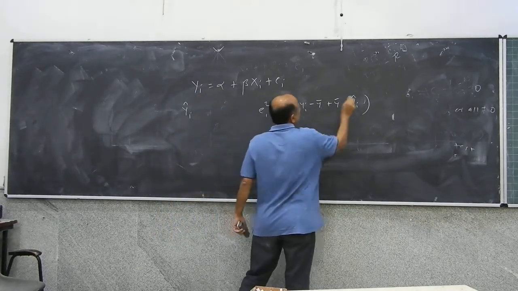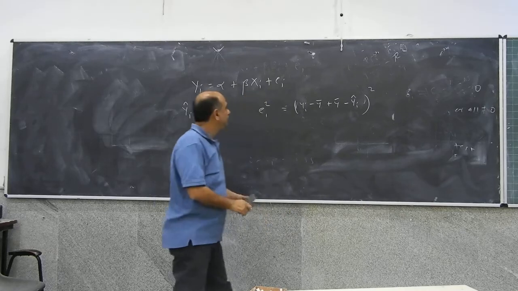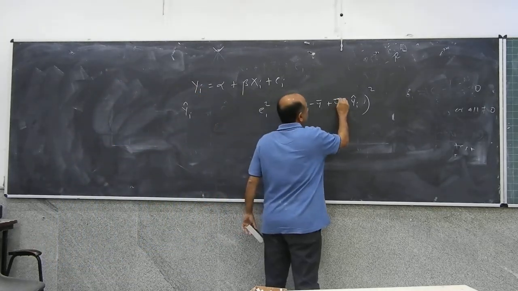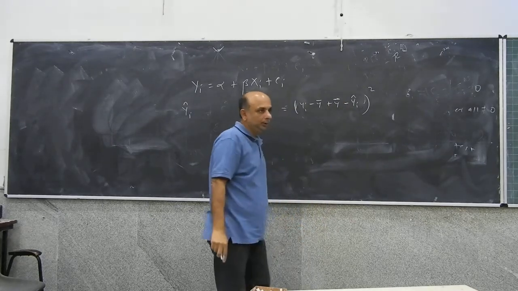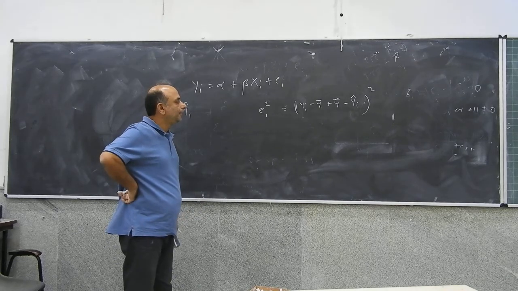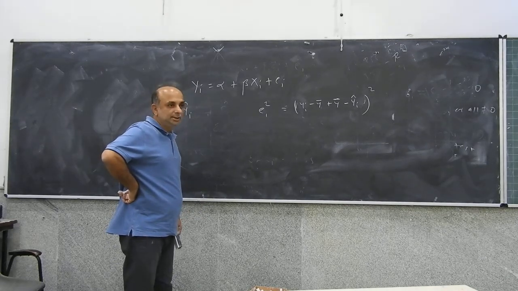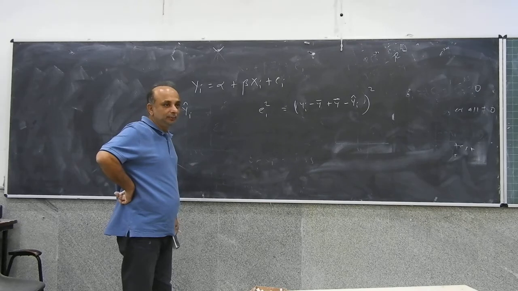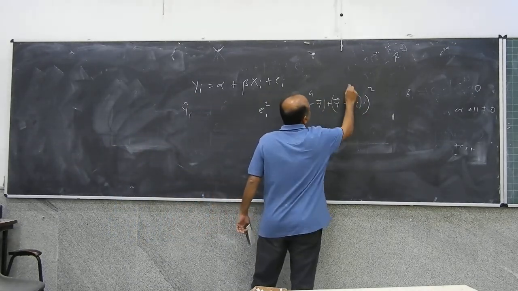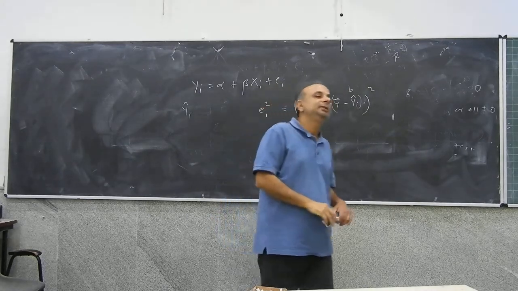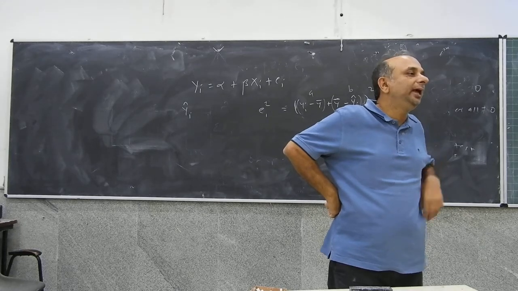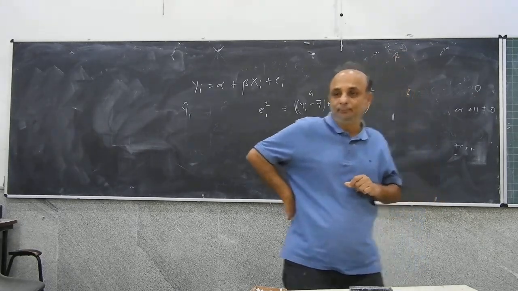So squaring this will be this. This is clear? Squaring this will be this. Now think of this as A, think of this as B. What is this then? A plus B, the whole square: A square plus B square plus 2AB.